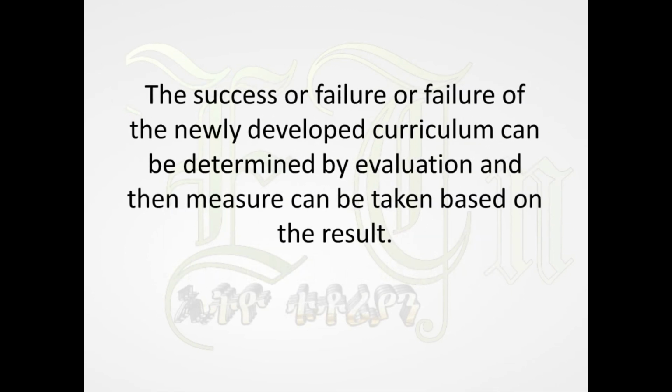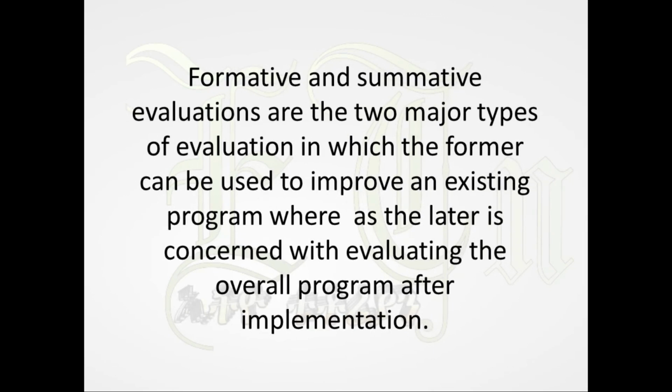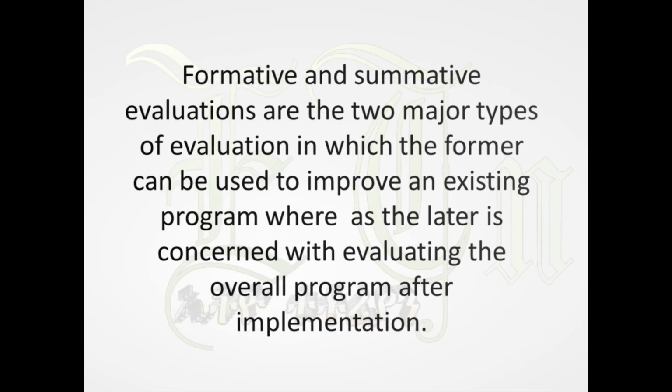The success or failure of the newly developed curriculum can be determined by evaluation, and then measures can be taken based on the result. Formative and summative evaluations are the two major types of evaluation, in which the former can be used to improve an existing program, whereas the latter is concerned with evaluating the overall program after implementation.